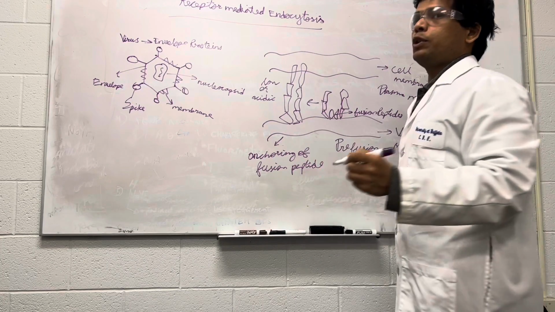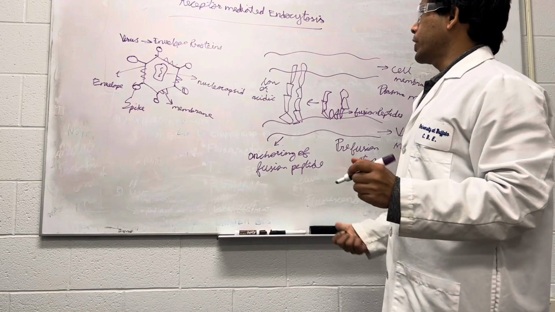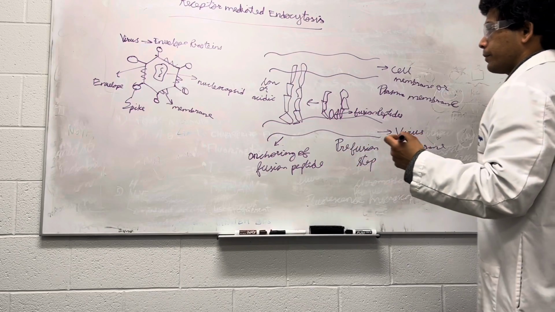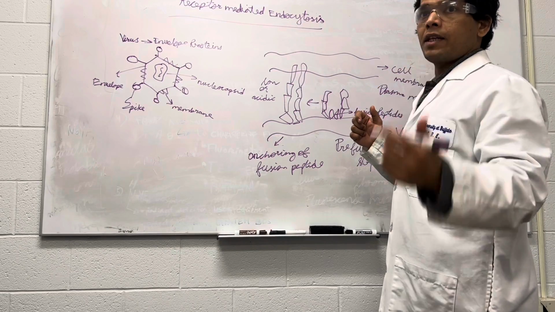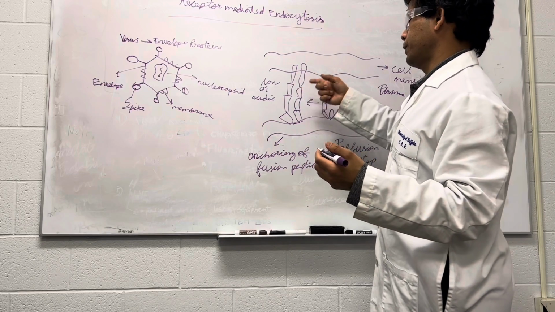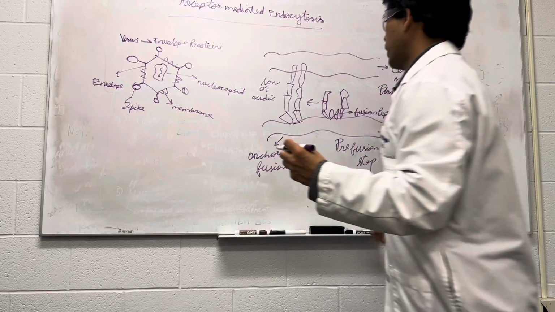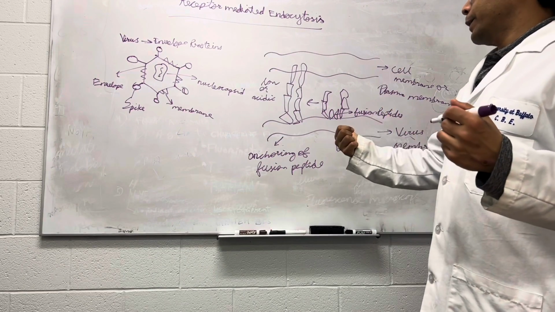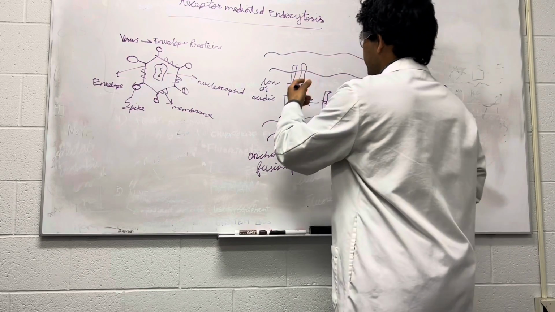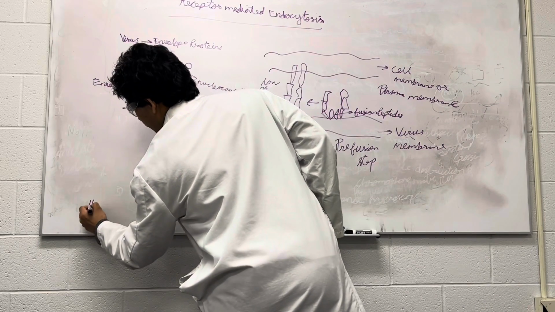When it anchors, now the highly stable post fusion state is different from the stable pre-fusion state. So in order to reach its highly stable post fusion state, it has to go through the hemifusion state first. The intermediate state is the hemifusion state.